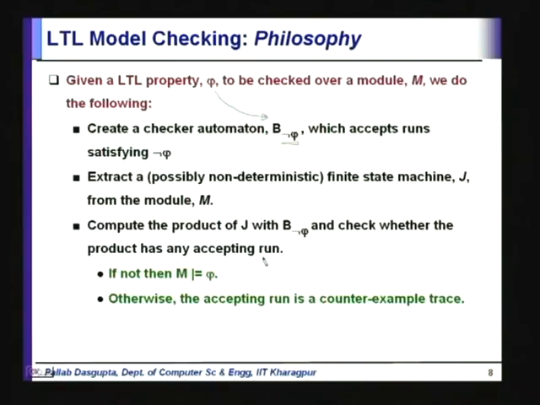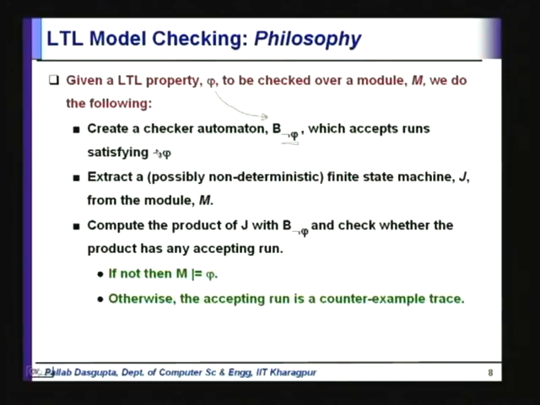Now, what would an accepting run in the product mean? It means that there is some run in J which happens to be an accepting run in B of not varphi. If J has an accepting run for B of not varphi, that means there is a trace in J which does not satisfy varphi, because the accepting runs of B of not varphi are the runs which satisfy not of varphi.